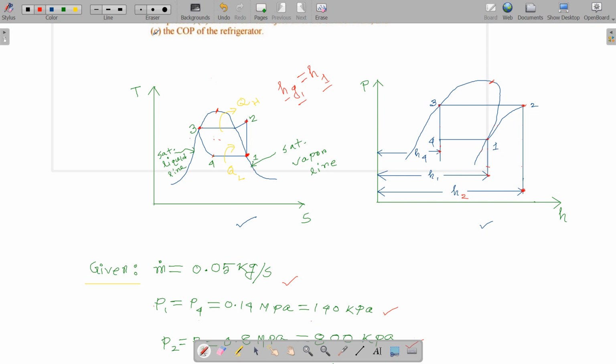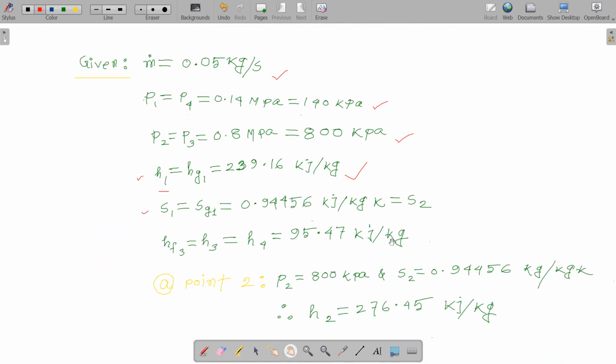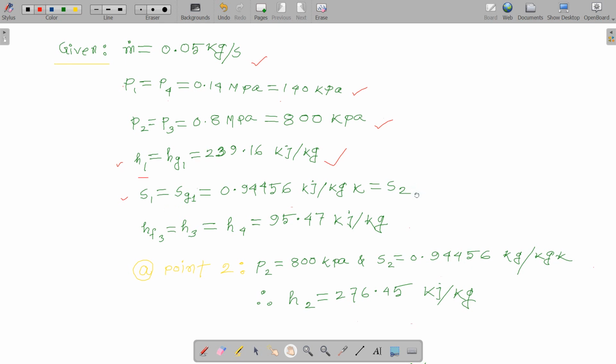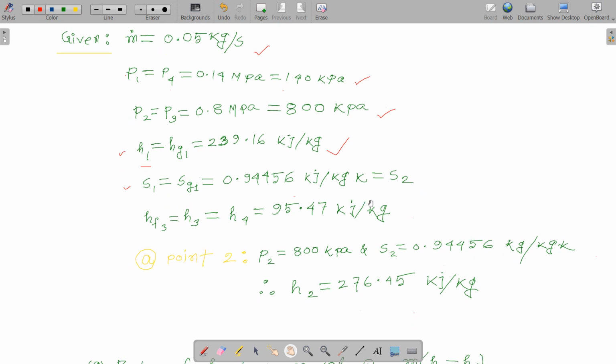As point 1 is situated on the saturated vapor line, there is no liquid entropy, there is only vapor entropy. So we just need the vapor entropy of point 1. In the same process we found H1, we can find S1, and that's it, and S1 equals S2.